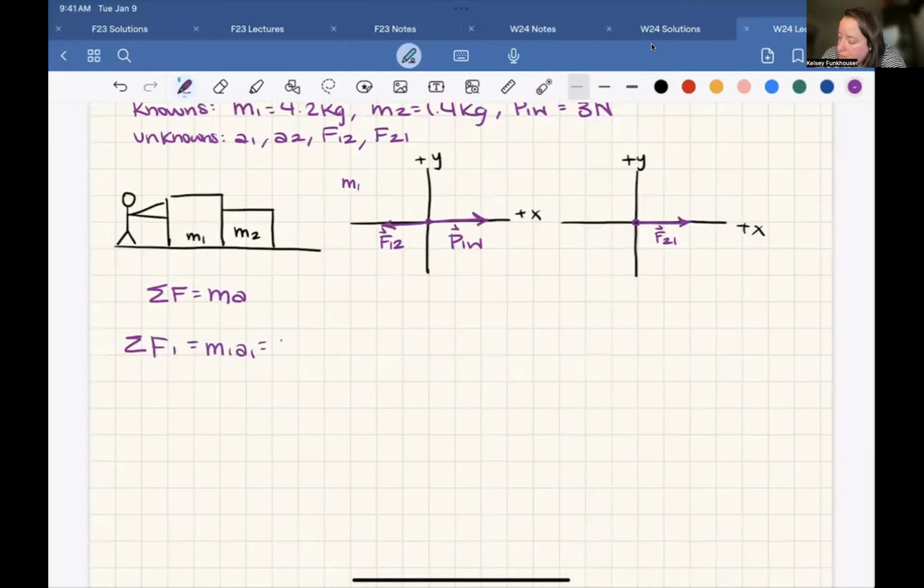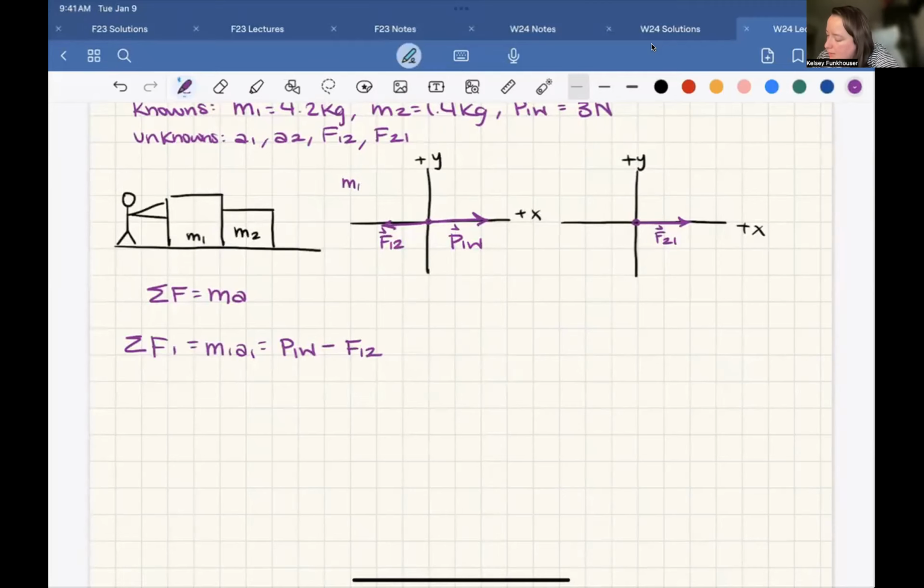So the push force, P1W, is in the positive x direction, it's positive. But the other force on crate 1 from crate 2 is negative because it's in the negative x direction. So that's where we put that negative sign, F12. And it's no longer a vector in that equation because we've included the direction.